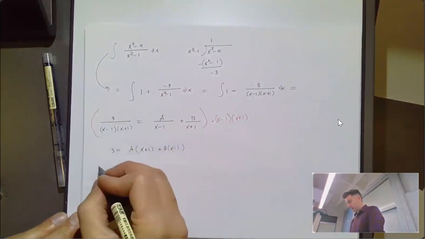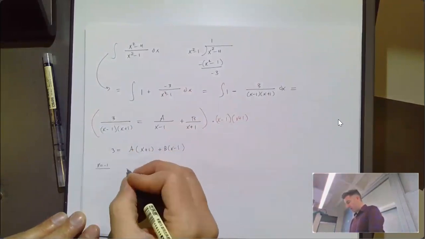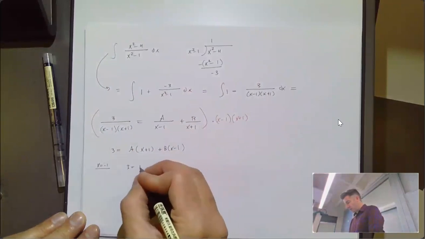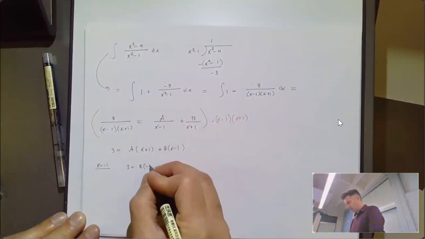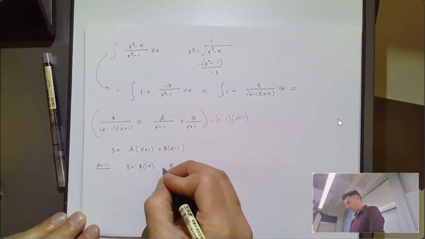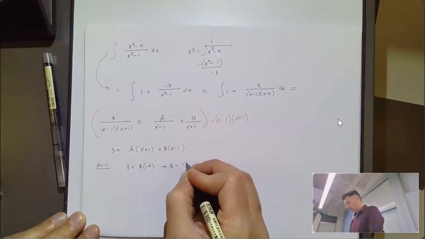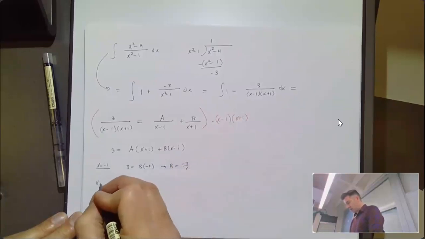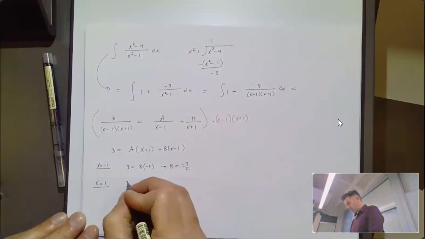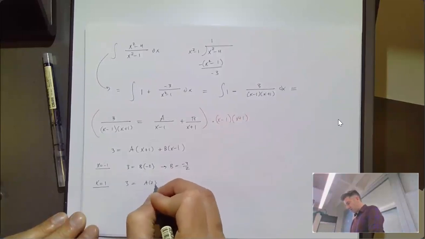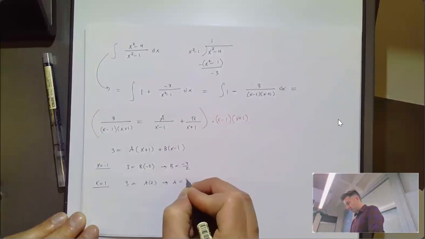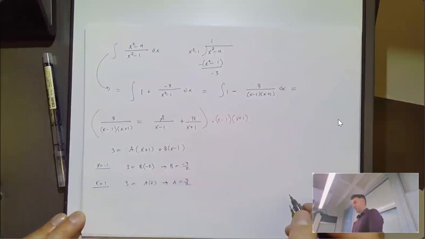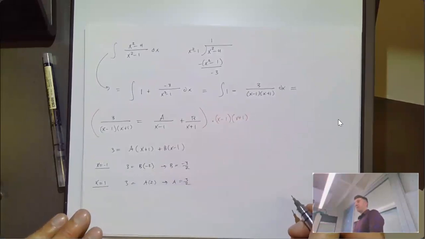Setting x equal to -1, I get 3 equal to B times (-1 minus 1), so B equals -3/2. Setting x equal to +1, I get 3 equal to A times 2, so A equals +3/2. Sorry, not 1/2 and -1/2, but 3/2 and -3/2.